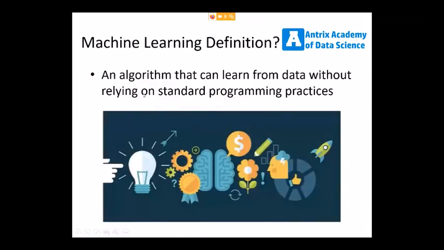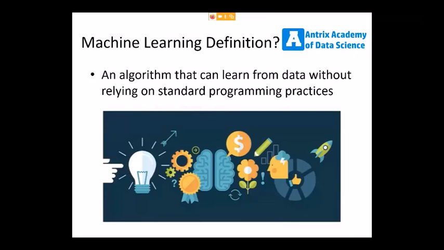In the case of definition per se, we say it's an algorithm that can learn from data without relying on standard program practice. We are not saying that this is the summation function and you have to do the summation. It has been designed in such a way that it takes input data and output data so that it can create a functionality which can be used for future predictions. If you change the data, then your linear equation will change.